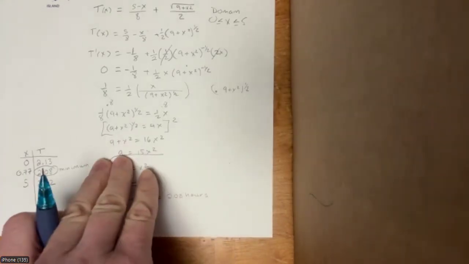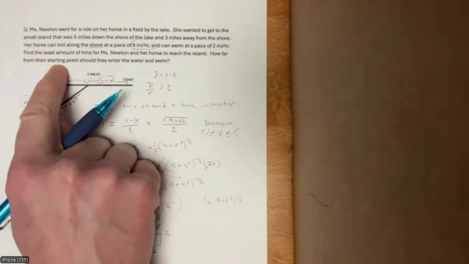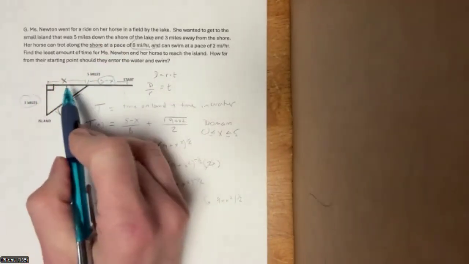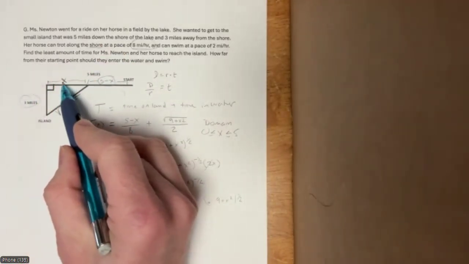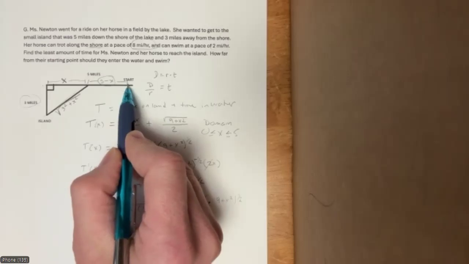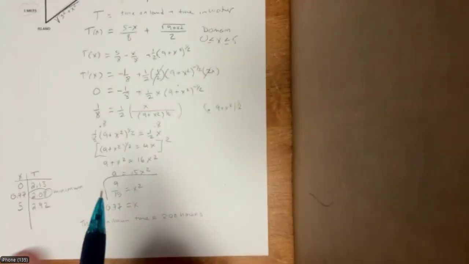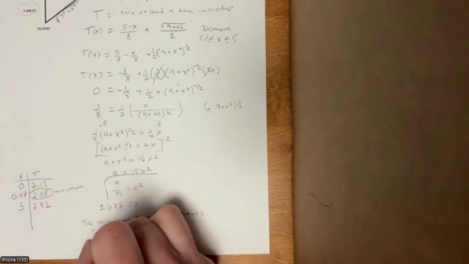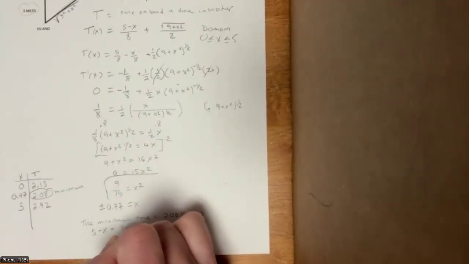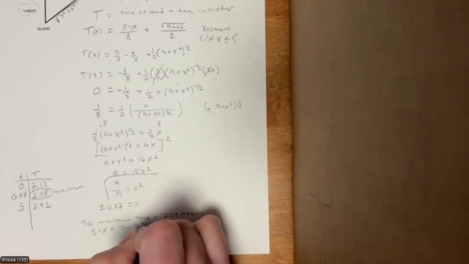Now, let's make sure we're answering the question. How far from their starting point should they enter the water? So x is 0.77. So how far from the starting point? That should be 5 minus x. So 5 minus x is 5 minus 0.77.